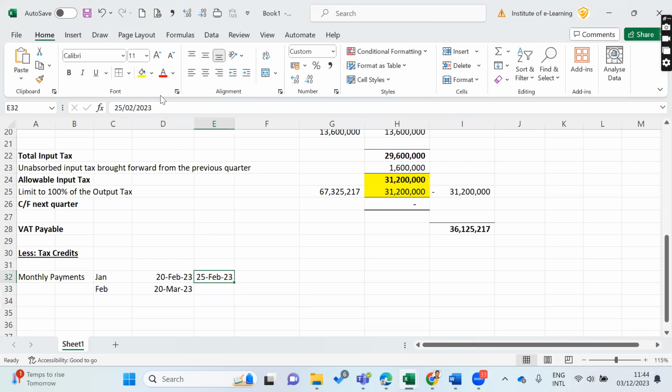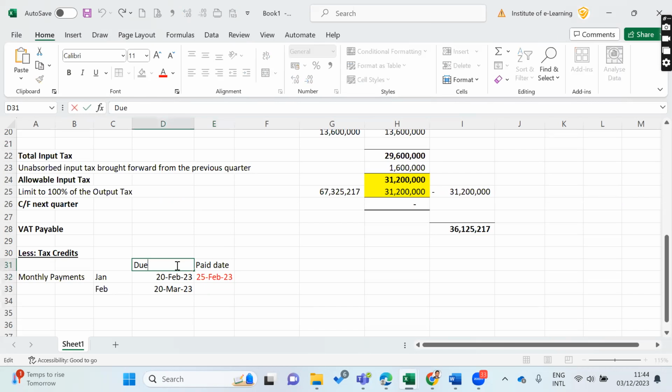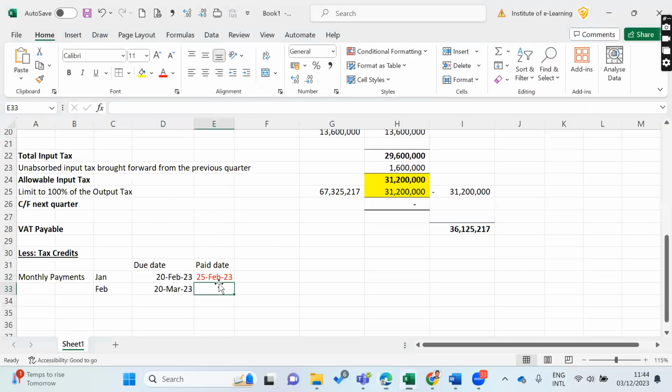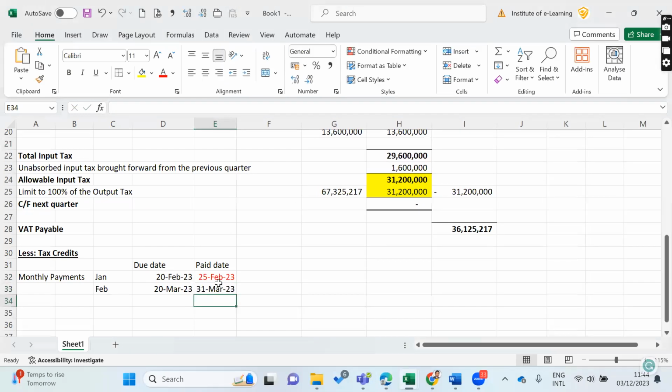I will include the delay the company has made in payment, since we have a further section in this figure. This is the due date, then this is the paid date. First due on this date, but the company paid on this date, 31st March 2023.